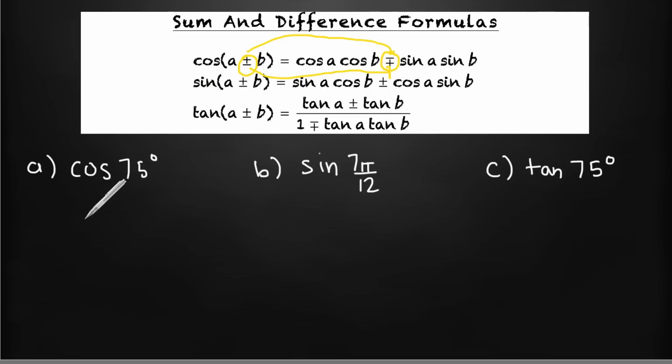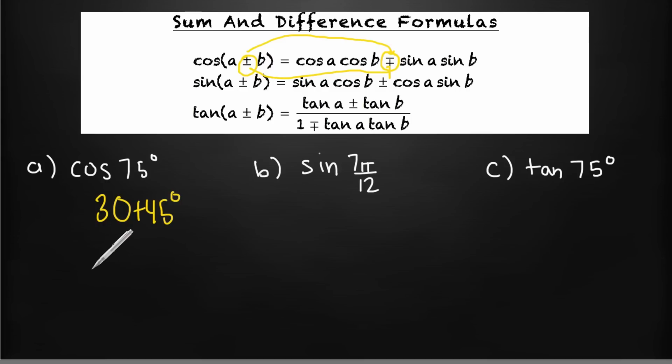So this is really just simple. All you really need to do is find two angles that will add or subtract to the angle that you're trying to find. So 75 degrees. Well, we could pick 30 plus 45, which would probably be the wisest thing to do.